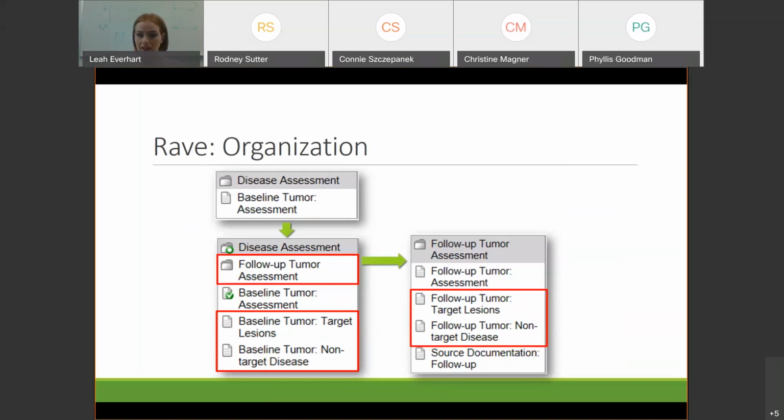That will also contain target and non-target disease forms, which are highlighted on the right. The follow-up tumor assessment forms have also been set up to pre-populate the lesions based on the information that was entered on those baseline tumor forms. So keep in mind that anytime you need to change anything on a follow-up tumor assessment in terms of the lesions that are indicated, you need to actually change them on the baseline forms. Next slide, please.